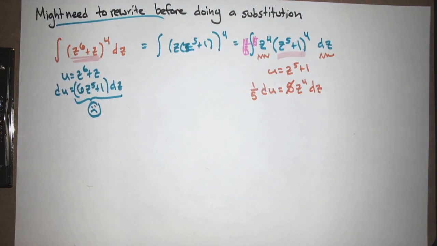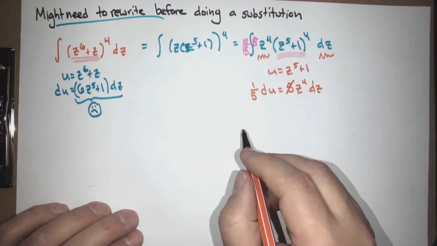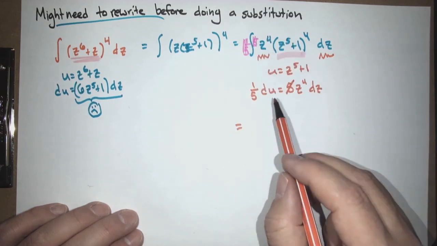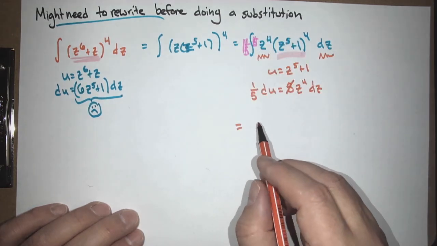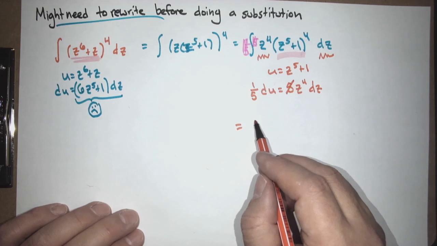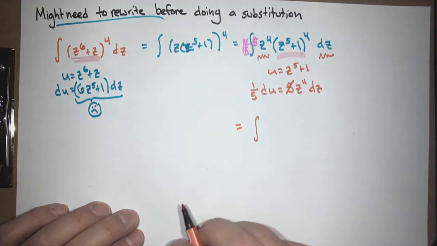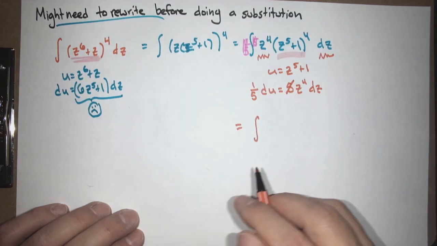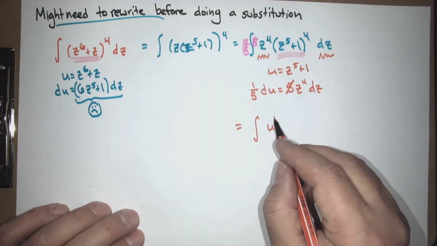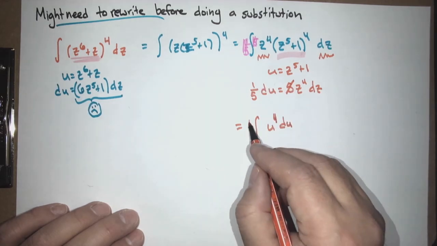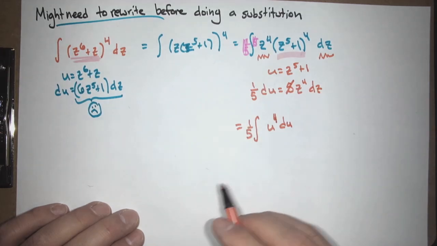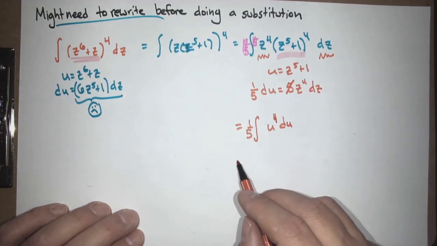All right. With this change, you both end up at the same place, regardless of which way you think about it. What does the integral become? u to the 4th du, and there's one other thing. There's a 1/5. All right, do we know the integral of u to the 4th du?